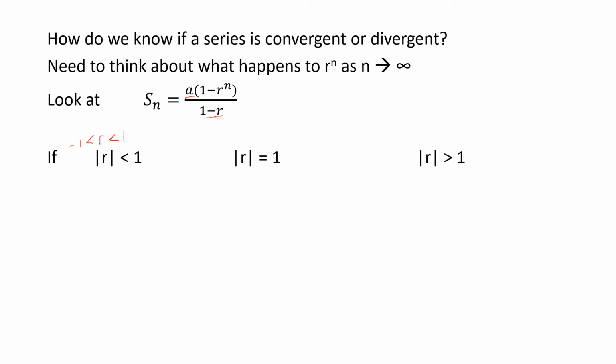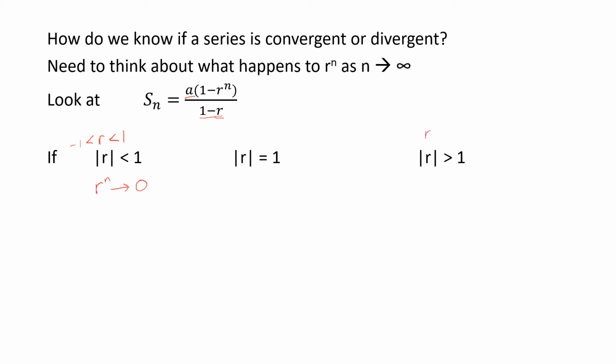If r was a half and you square it, it becomes a quarter, cube it, becomes an eighth, etc., etc. It gets smaller. That's true for any number that's less than 1 or bigger than minus 1. So we can say here that if the modulus of r is less than 1, then r to the n is tending towards 0.